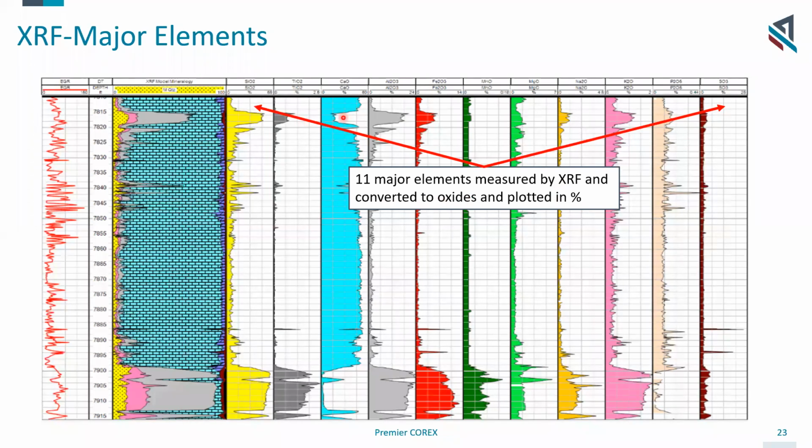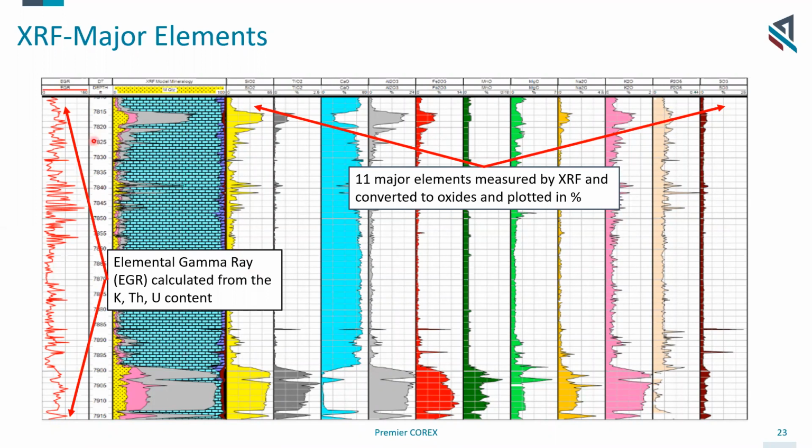Here this is obviously interpreted as calcium rich, a limestone, and here where the limestone dips, the calcium dips, the aluminium increases, the silica increases, so we've got a more clastic formation there.